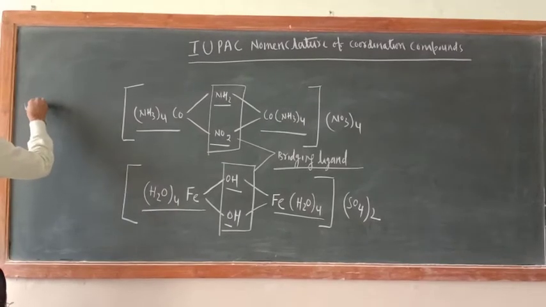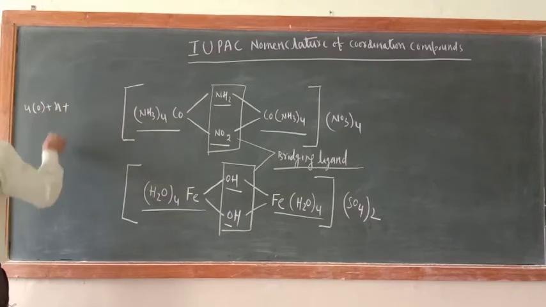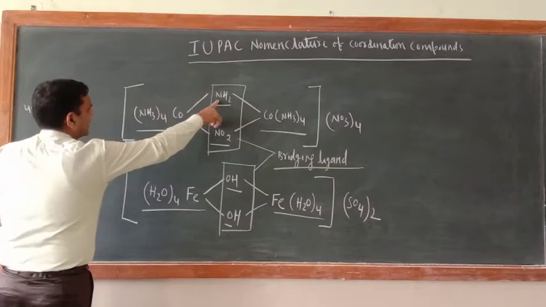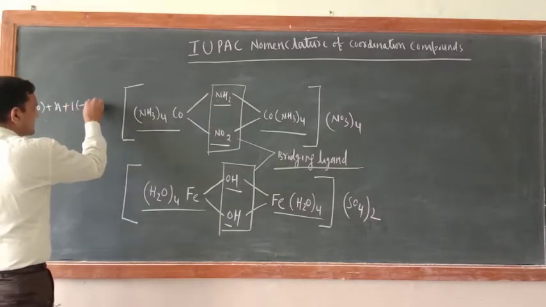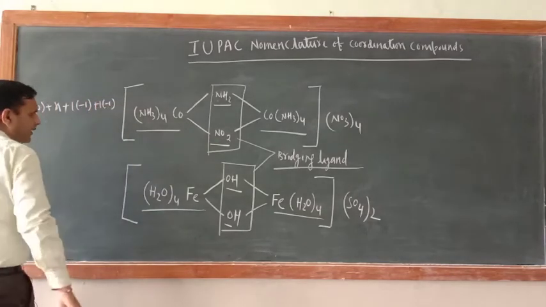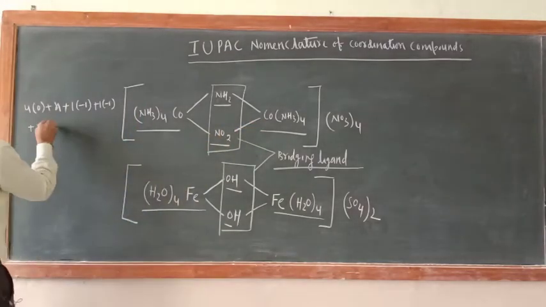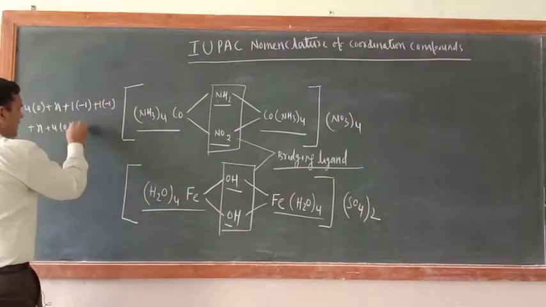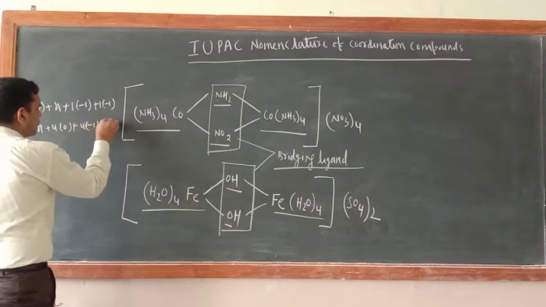4 times 0, this is neutral ligand 0, plus X, plus NH2 is single negative, so 1 minus 1, plus NO2 single negative, 1 minus 1. Okay, plus again X for this one, plus 4 times 0, plus nitrate. How many nitrate is there? 4 nitrate. Per nitrate equal to minus 1, equal to 0.